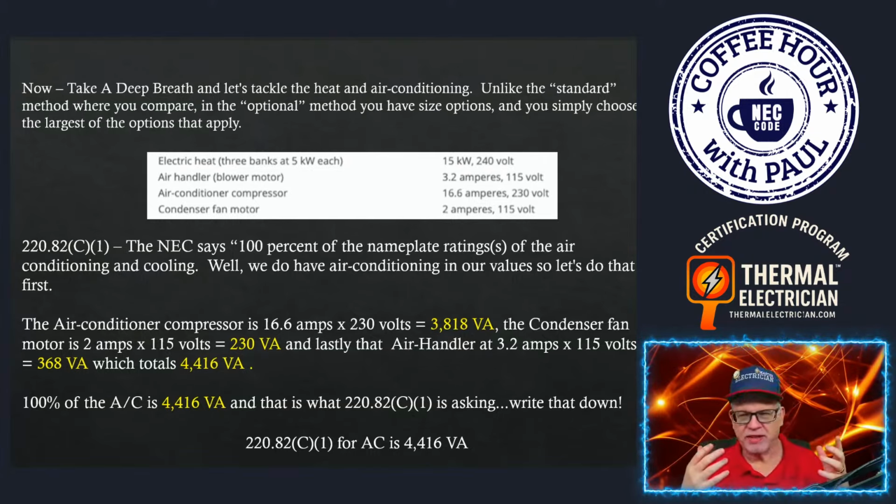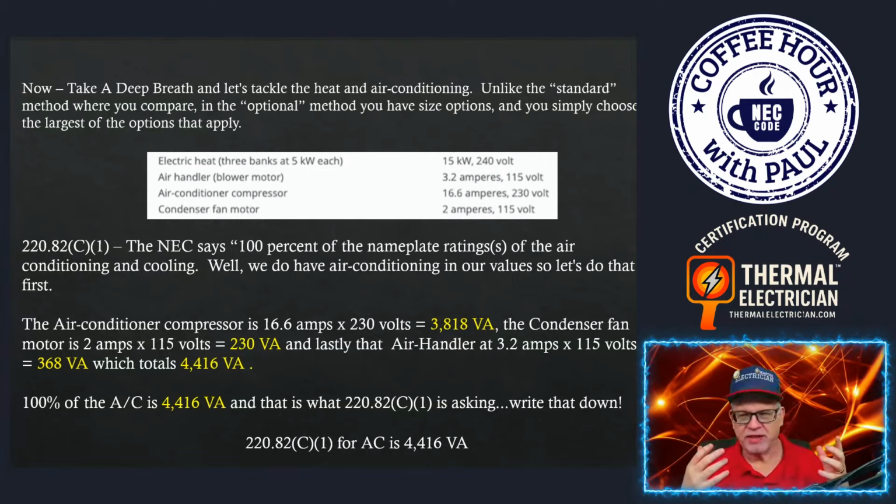Now, you and me already know this, okay? You're savvy. You're not new to this game. I don't even have to look anymore when it comes to this. And I could have saved a step here because I already knew that the heat was 15,000. In a dwelling, there is no air conditioning that big unless you're doing some mega mansion, and then it's probably still got heat strips and stuff like that that may make a difference.